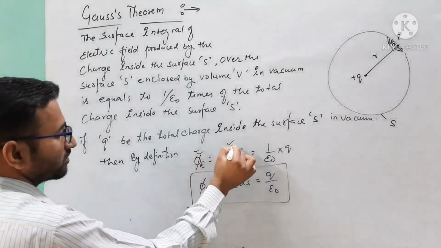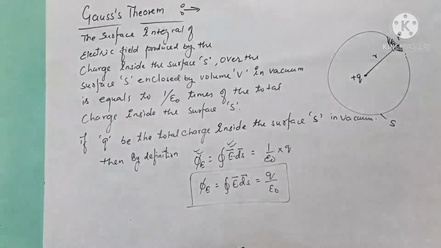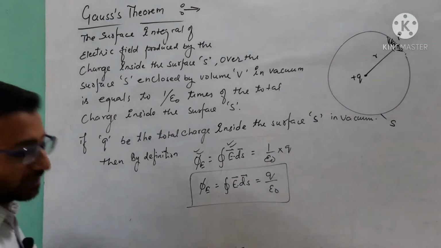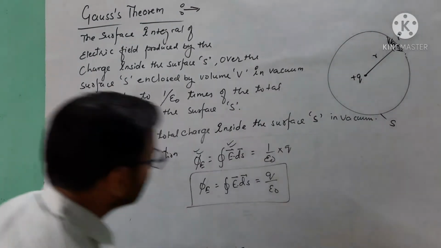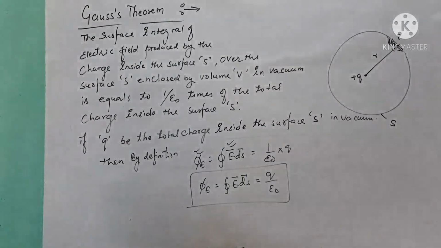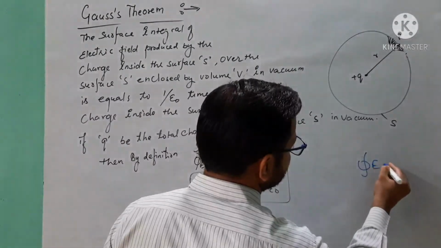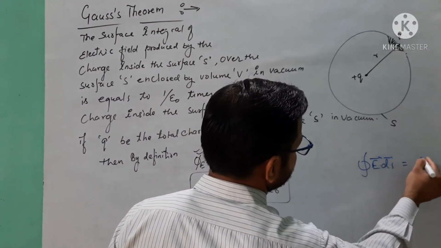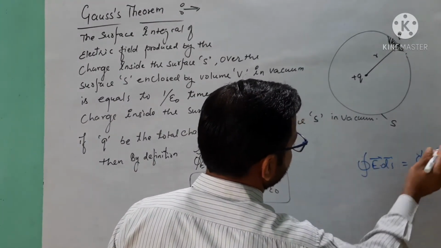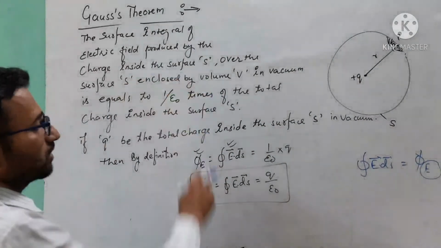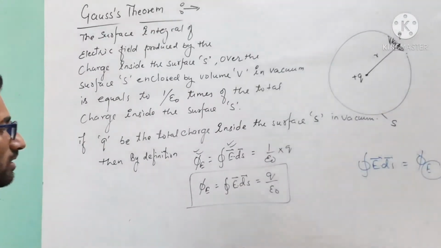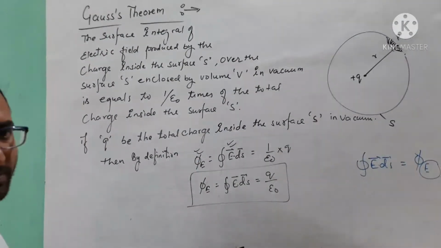These two values are the same, student, because from the definition of electric flux, you know the value of the surface integral of electric field, which is E dot dS, is equal to phi E. So in place of the surface integral of electric field you can say the electric flux only.